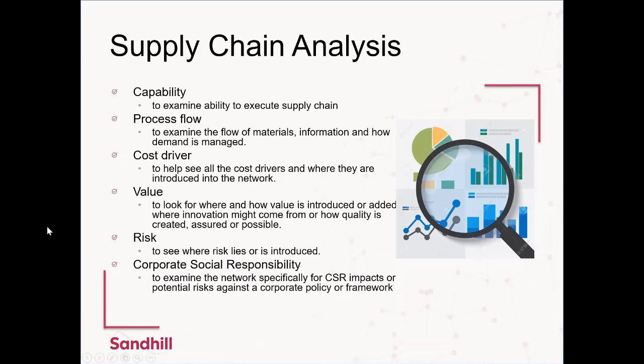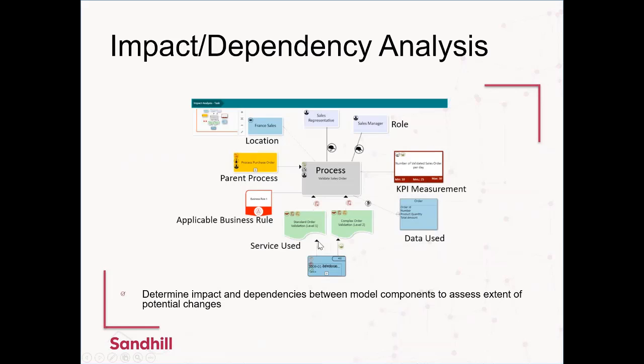So by having these good models integrated with one another, understanding the various aspects of them, we can actually perform impact analyses and dependency analyses on the contents that we've got. If we're looking to optimize the processes that are part of the supply chain, here is an example.